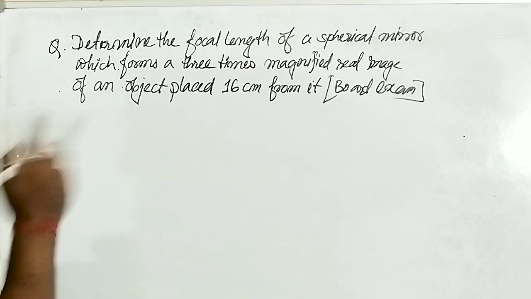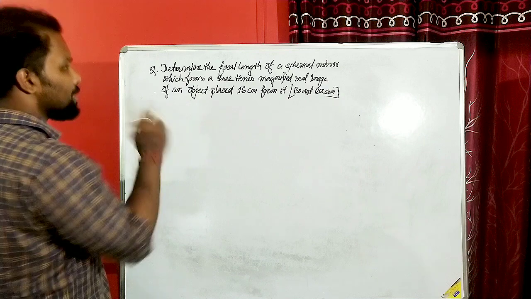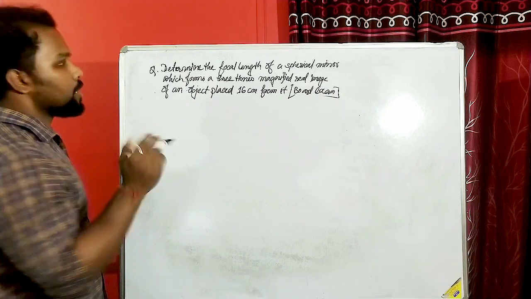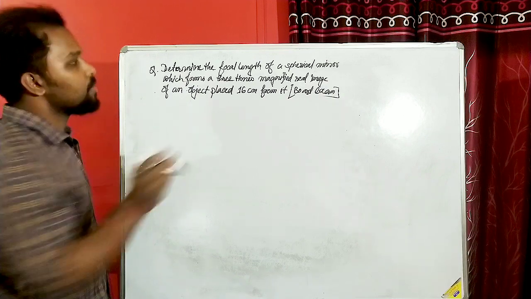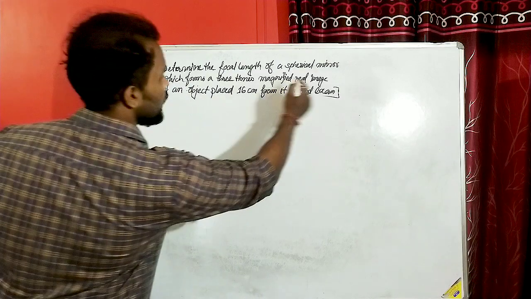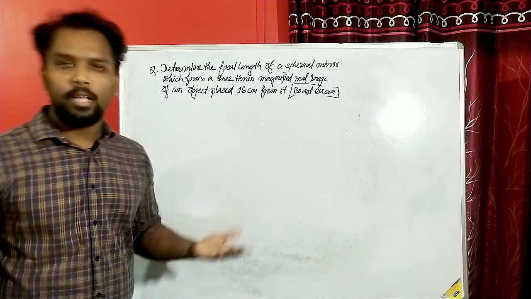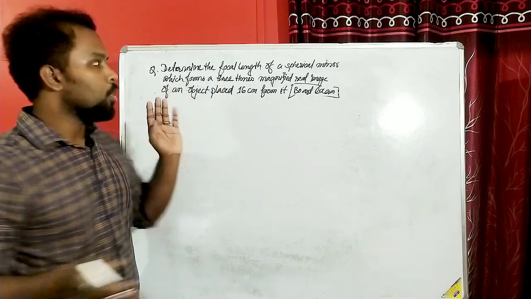There is nothing mentioned about the type of the mirror, concave or convex, right? Because a concave mirror can form both virtual and real images. But since a convex mirror can't form a real image, the mirror will be a concave mirror, because it says magnified real image. Since a convex mirror can't form a real image, it will obviously be a concave mirror.